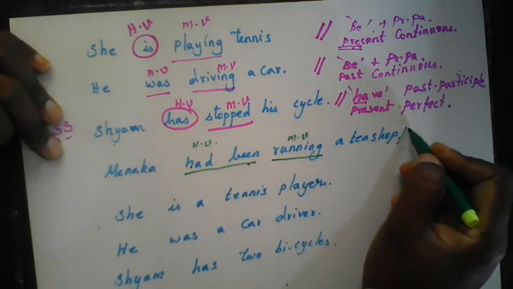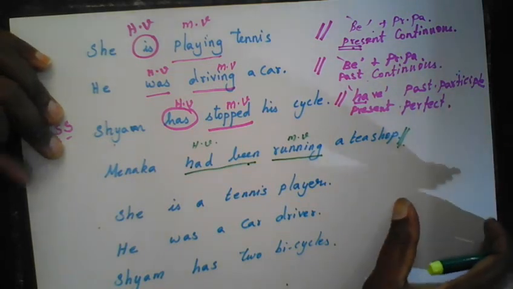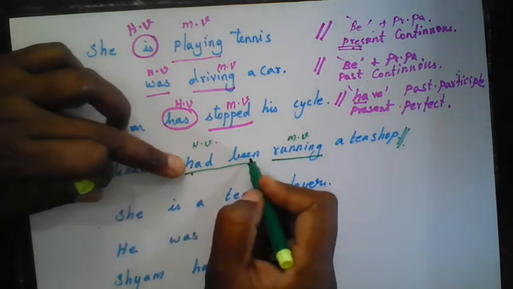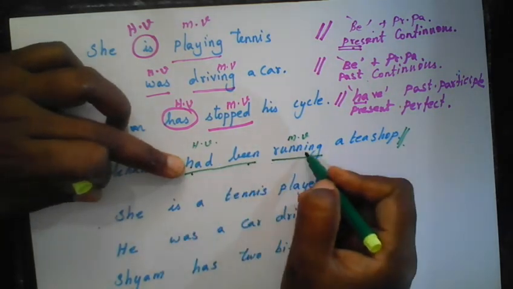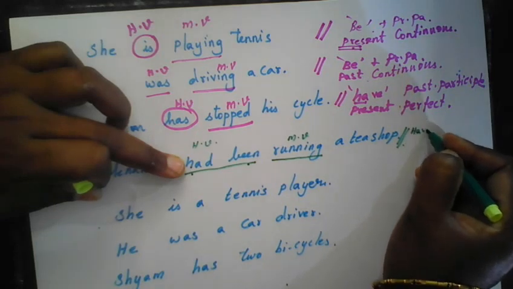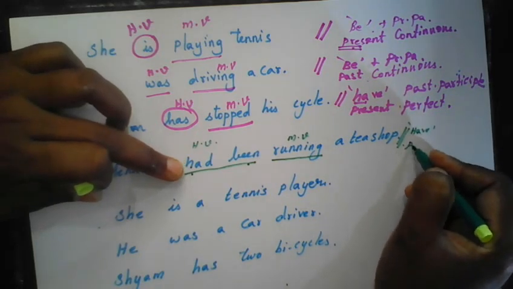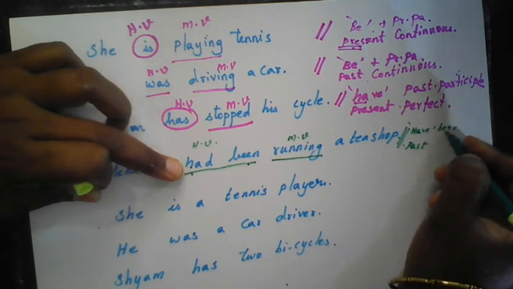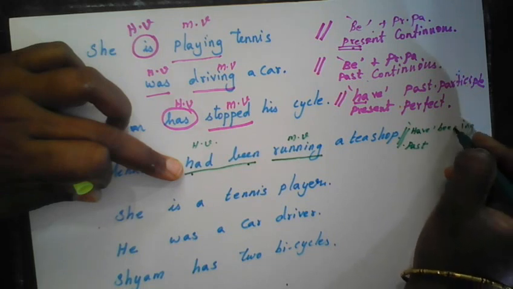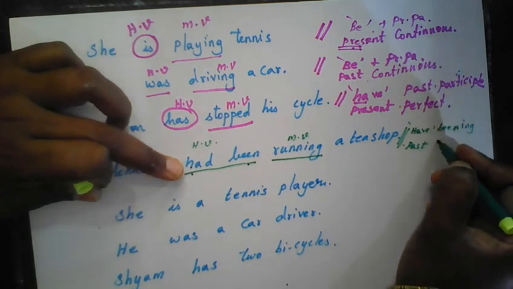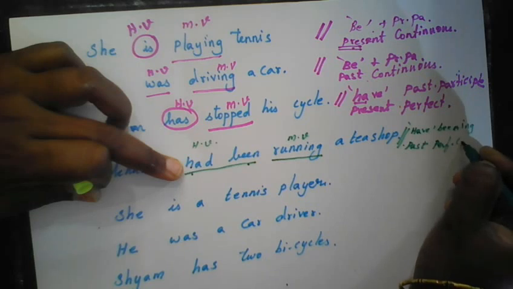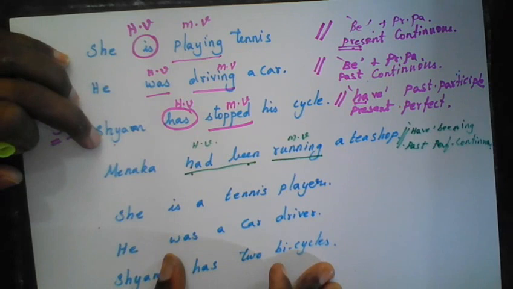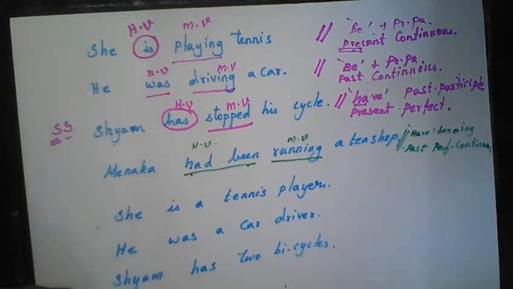So what kind of tense does this sentence belong to? Have verb plus past participle with ing, had been plus ing. What kind of have verb? It is a past tense have verb. Then have verb plus been plus ing says what tense, my dear children? Yes, it is past perfect continuous.